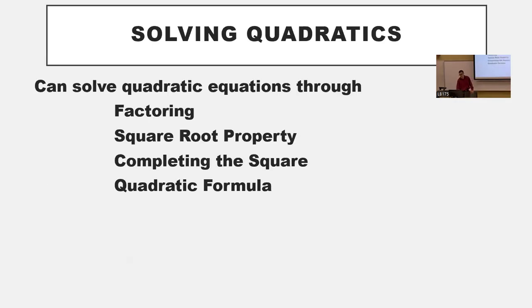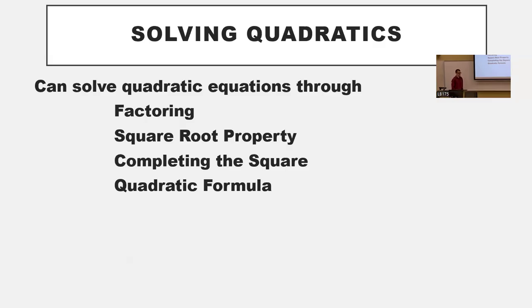And that leads us to what we're going to do today, which is solving quadratic equations. There's going to be 4 methods that we're going to look at. Although, again, the last 2 are a little bit redundant. Completing the square and quadratic formula are essentially the same amount of work.